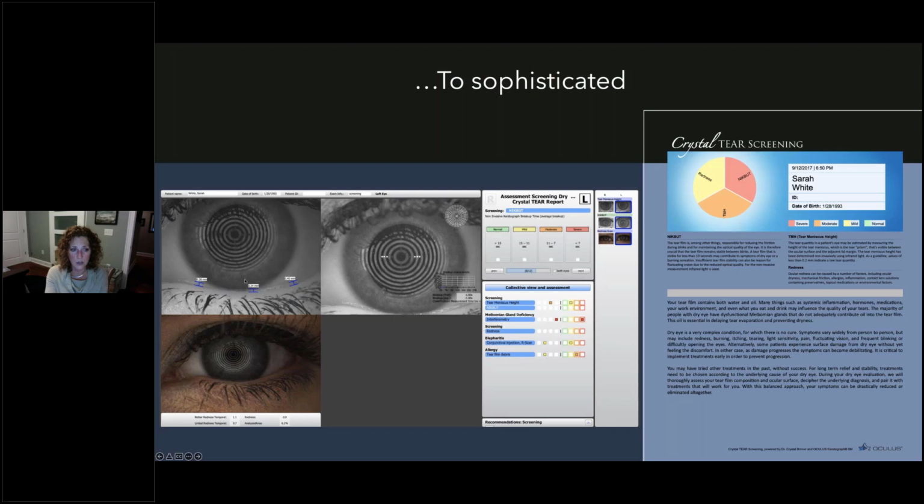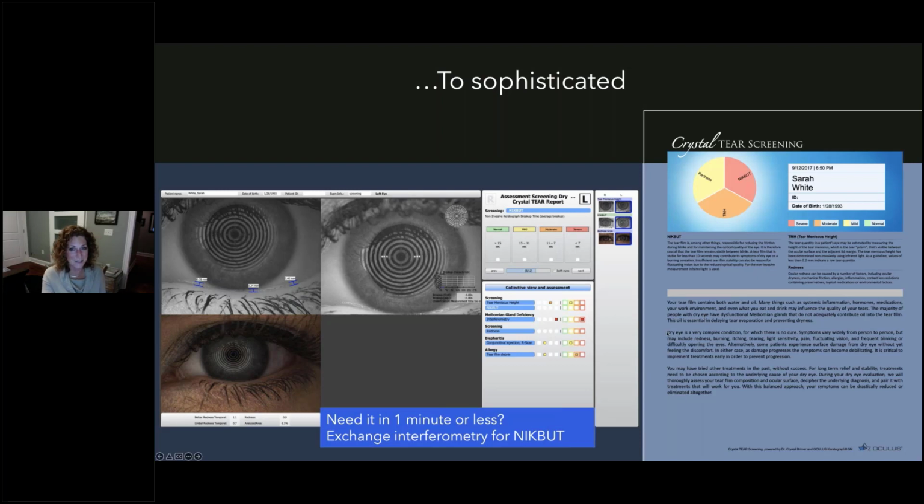So it takes 2 minutes from the time they put their chin in the chin rest here until this report is printing out. Now, if you don't have 2 minutes and you need it in 1 minute or less, which is a reality, you can take out the non-invasive breakup time and put in interferometry. Regardless of which one you use, you still have a snapshot of water, oil, and inflammation.